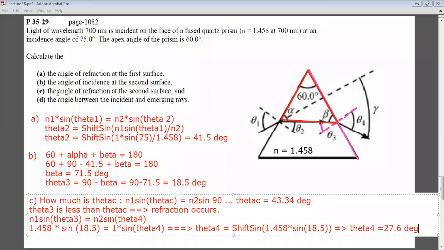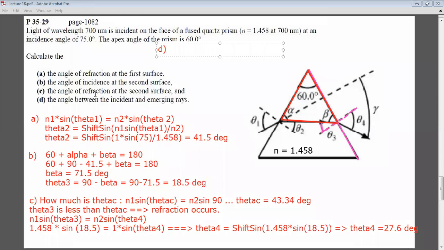Okay, now the last part, part D, the angle between the incident and the emerging rays. Where is the emerging ray? This is the incident ray, the initial incident. Let me erase all this first.